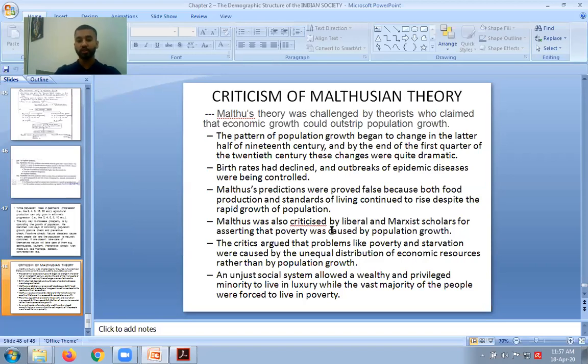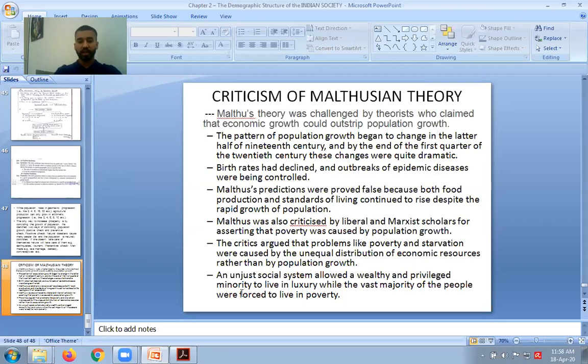So critics, look at the second last criticism point. The critics argued that poverty and starvation were caused by the unequal distribution of economic resources rather than by population growth. So Robert Malthus was saying that only population is responsible for poverty and starvation. But people said that basically resources are not equally distributed. That's the reason for poverty and starvation.